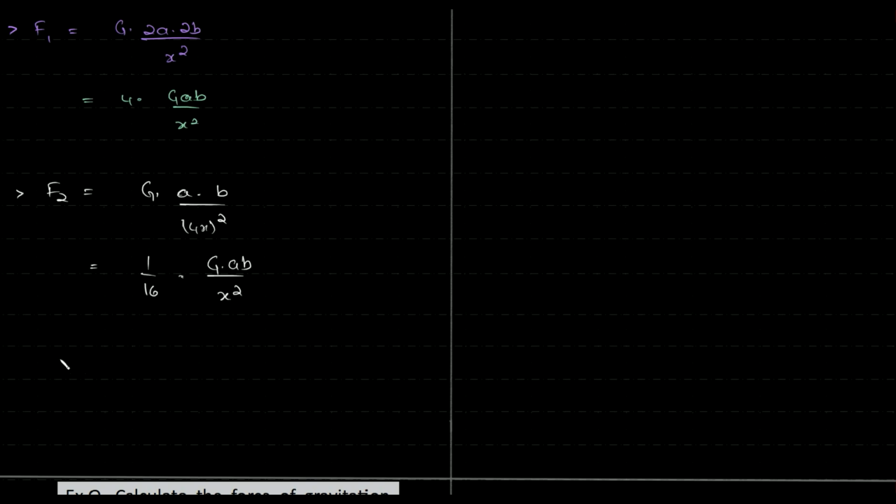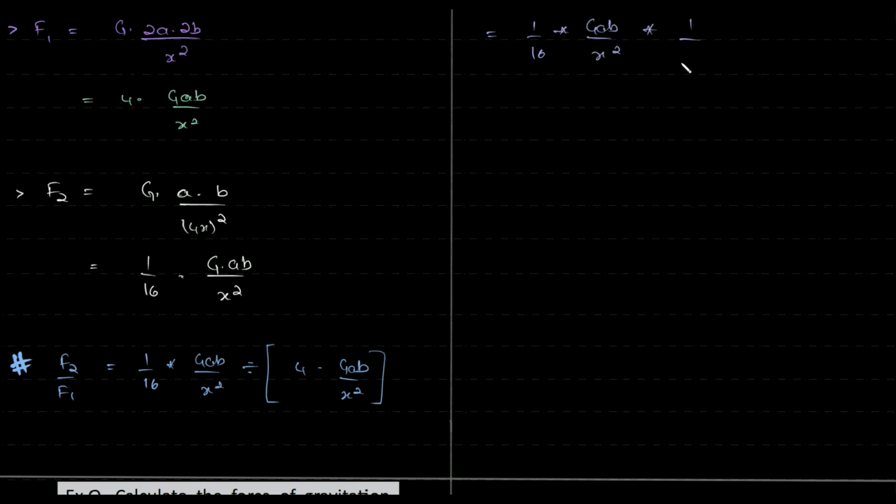So what is it that we have to find? We need to figure out F2 by F1. So that is 1 by 16 into GAB by x square getting divided by a big bracket 4 times of GAB by x square, close the bracket, and this turns out to be 1 by 16 into GAB by x square into 1 by 4, right?